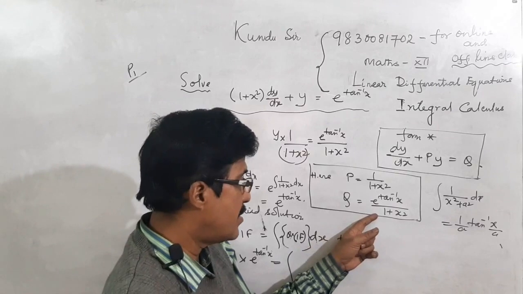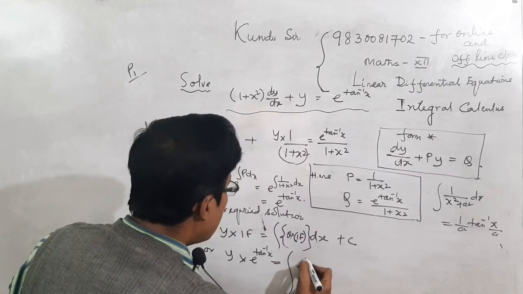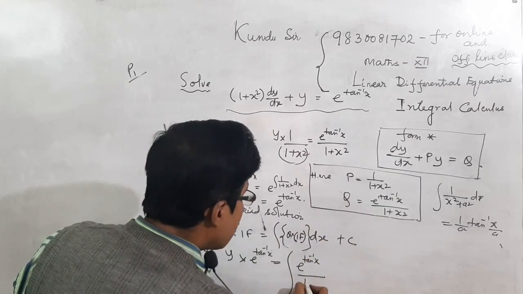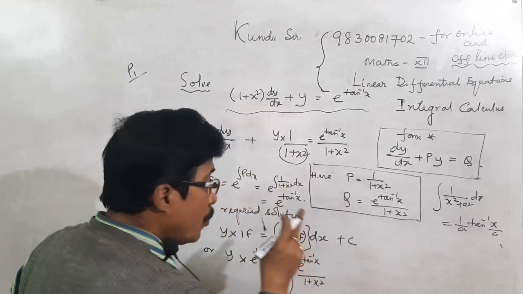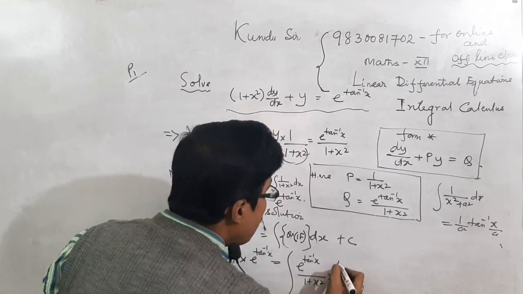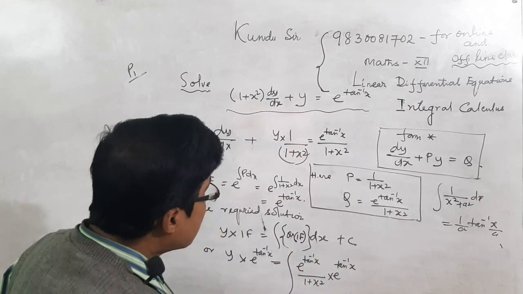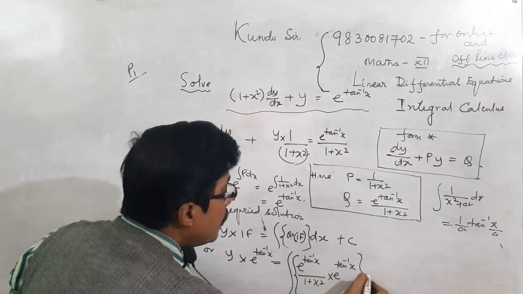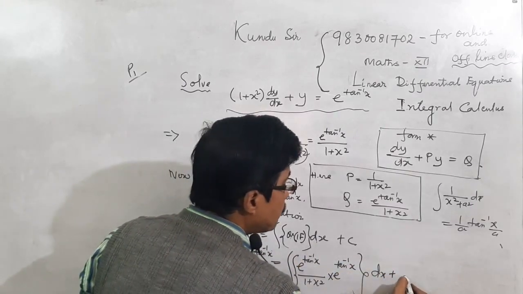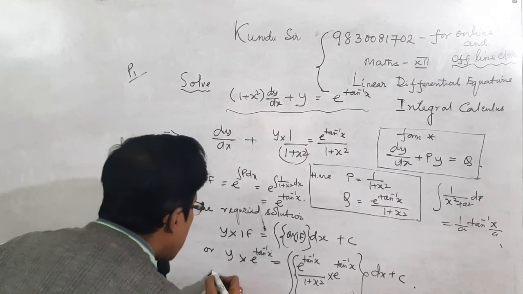Q here is e to the power tan inverse x upon 1 plus x square, and into IF, integrating factor, e to the power tan inverse x, into dx plus c. Then we have to start from here.